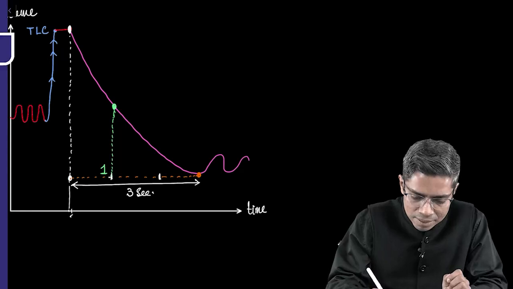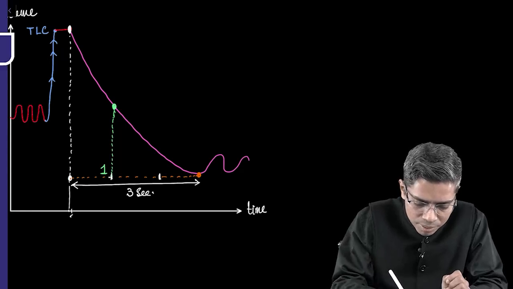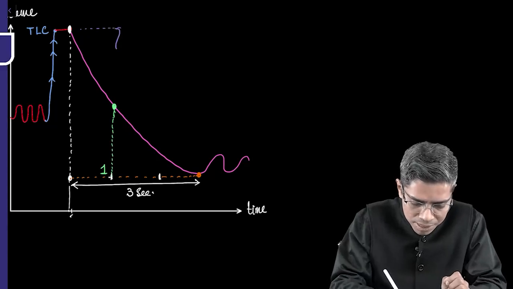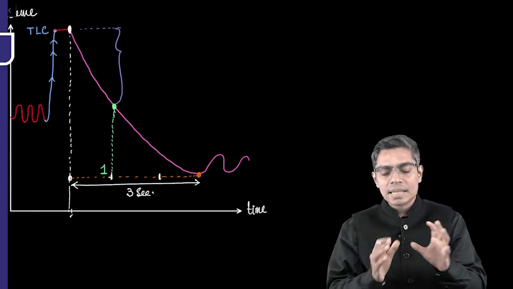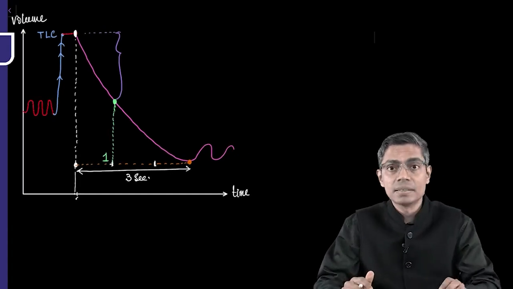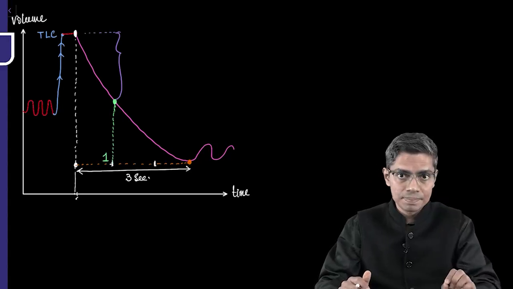If I measure the volume from the beginning of this maneuver up to this 1 second point, then I can conclude that this is the volume the subject has expired within 1 second.